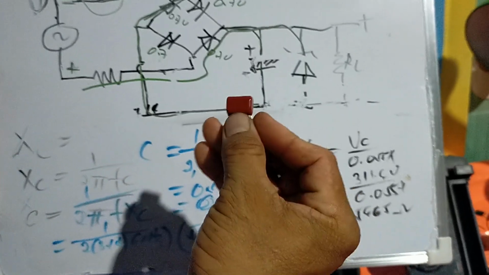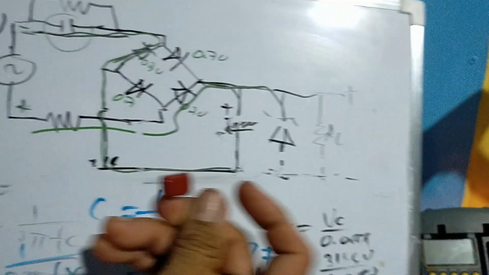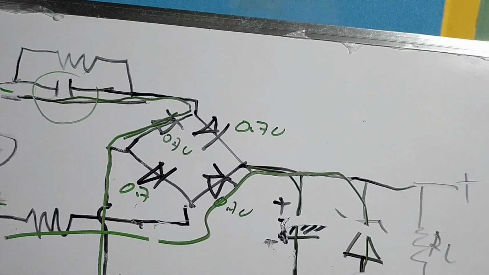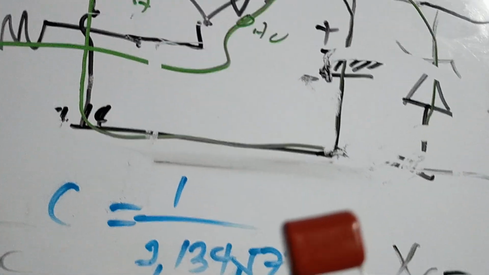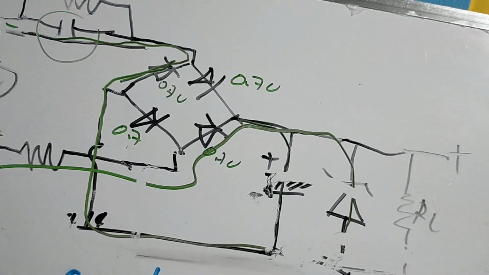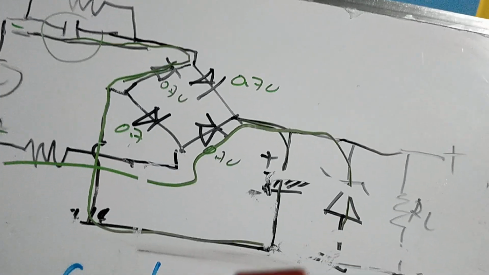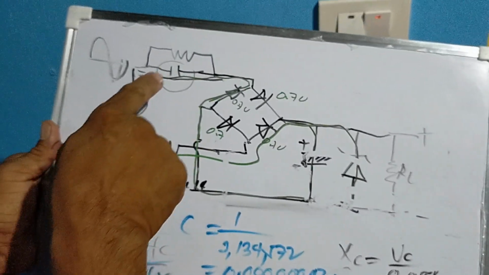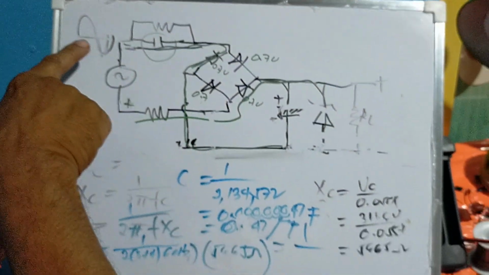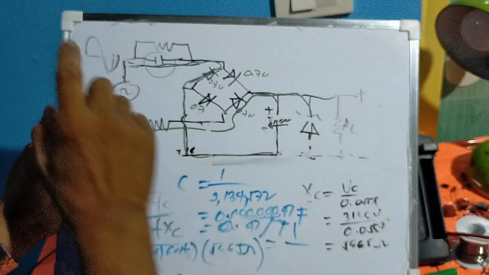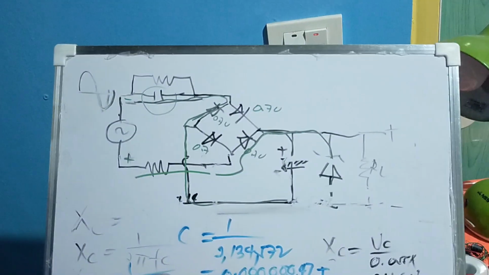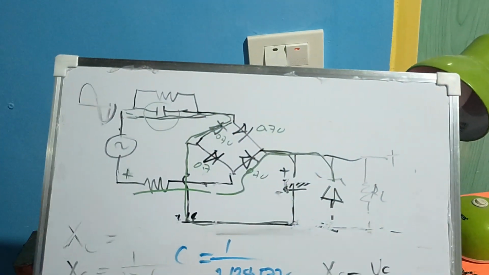Then the working voltage given here is 630 volts. The voltage rating should be higher because the source voltage from the outlet is 230 volts, and the peak value there is 325.